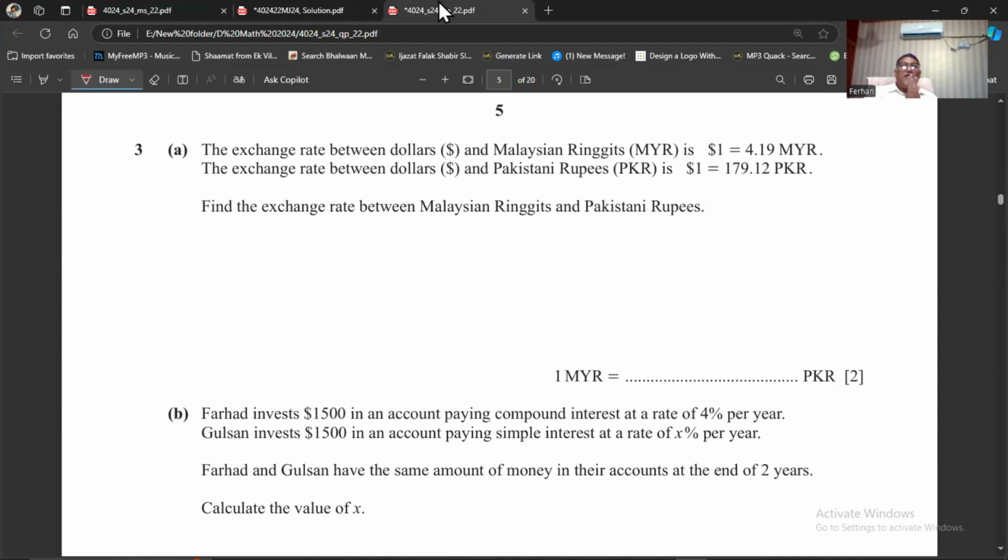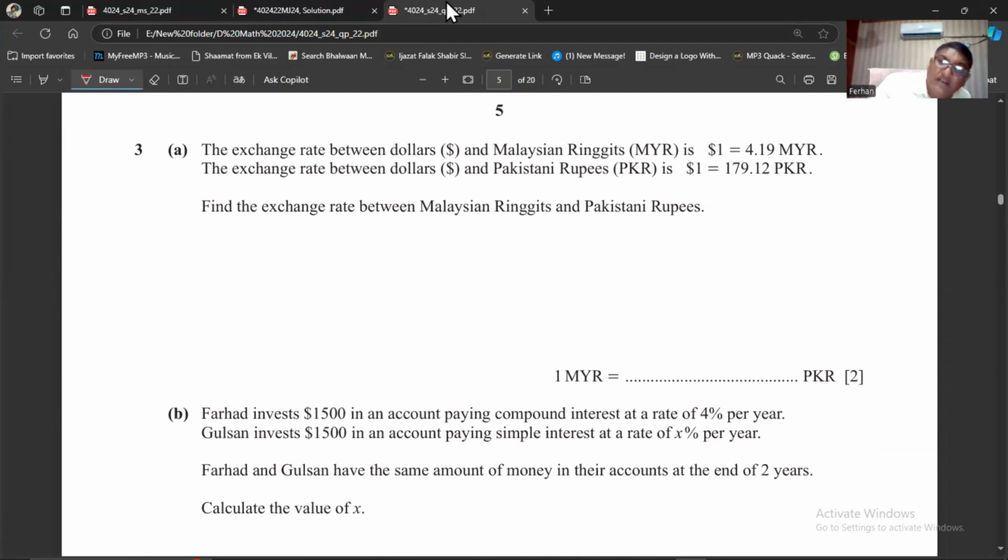Question number 3, it's a part. The exchange rate between dollars and Malaysian ringgit is $1 is equals to 4.19 Malaysian ringgit. The exchange rate between the dollars and Pakistani rupees is that $1 is 179.12 PKR. Find the exchange rate between the Malaysian ringgit and the Pakistani rupees.